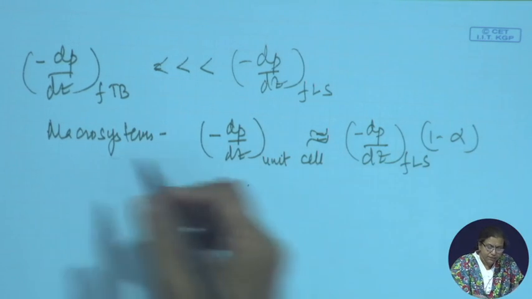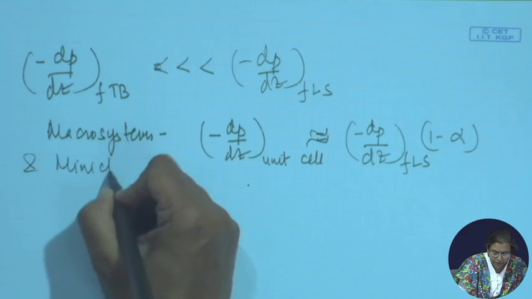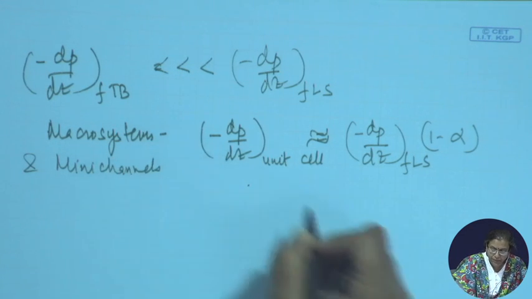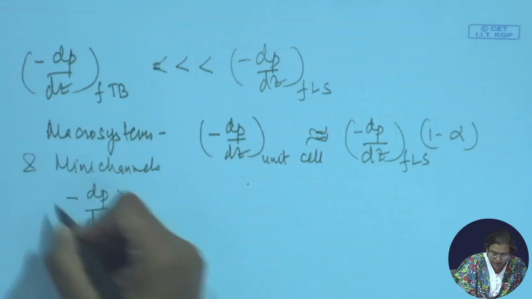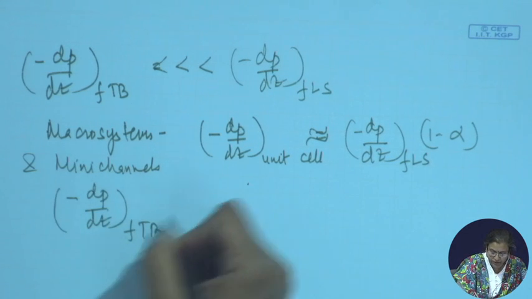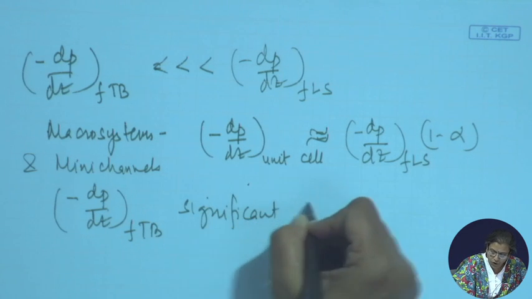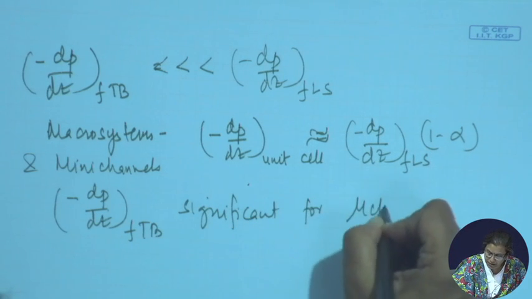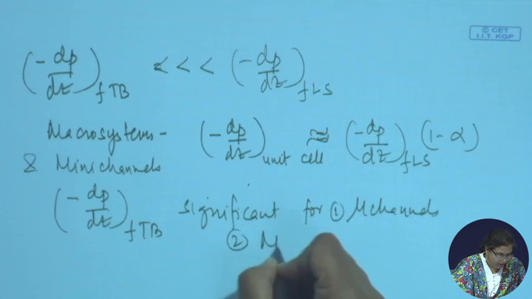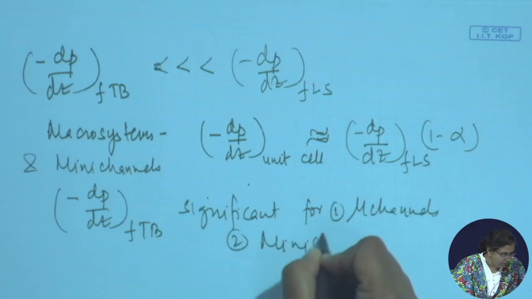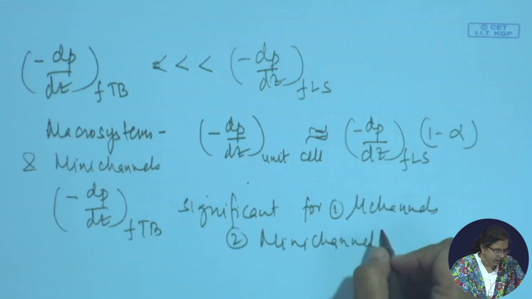Now, although this is fine for macro systems as well as for mini channels, the pressure gradient in the Taylor bubble region becomes significant for micro channels and also for mini channels for refrigerant flow, right.